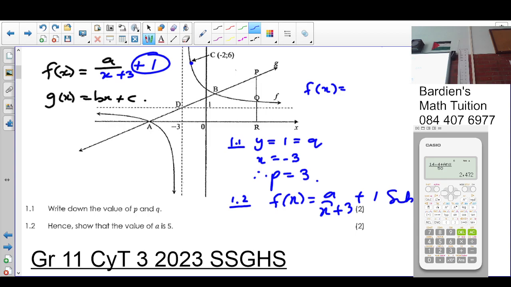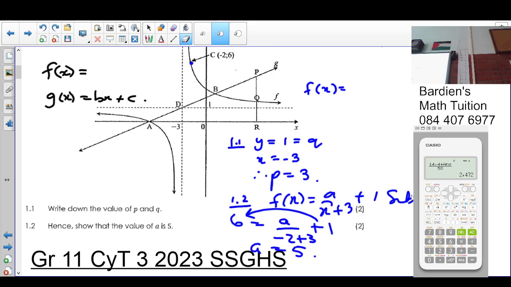So I'm going to substitute c, which is negative 2 and 6, remembering that's an x and a y. So 6 is equal to a over negative 2 plus 3, plus 1. So that is a over 1, which is a. So a is equal to 5. And there we have proven what they wanted us to prove.